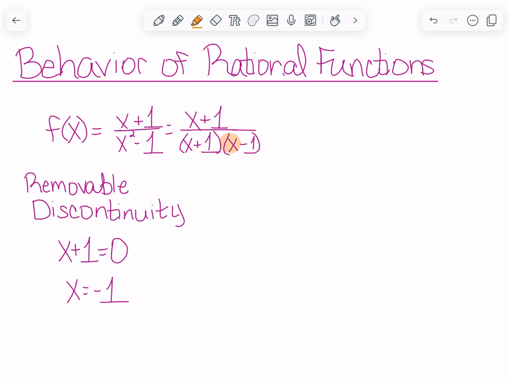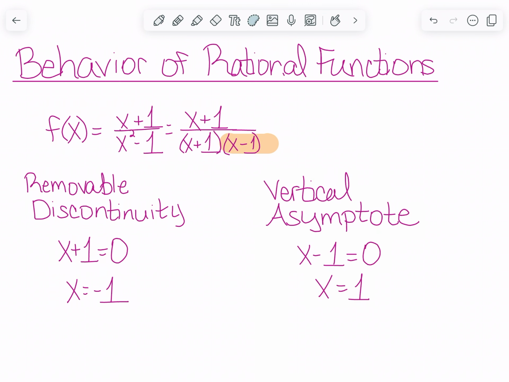The other type of factor that could appear is something that appears in only the denominator. This is going to result in what's called a vertical asymptote. For this one, we would have x minus 1 equal to 0, or x equal to 1, be the vertical asymptote.